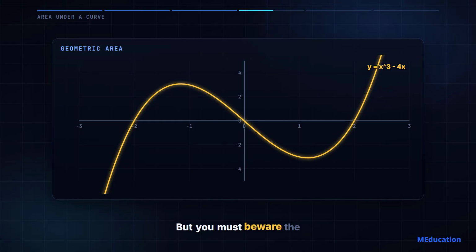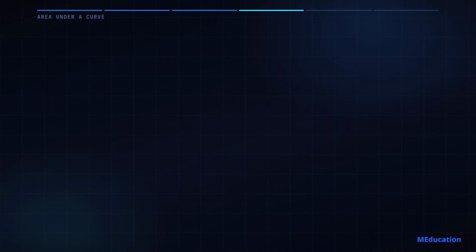But you must beware the x-axis. Areas that lie below the x-axis evaluate to negative definite integrals. If your region crosses the axis, you cannot integrate from the start to the end in one go. You must find the roots, split the integral into distinct sections, and take the absolute value of the negative portion.